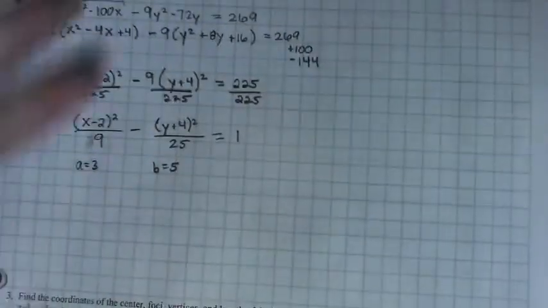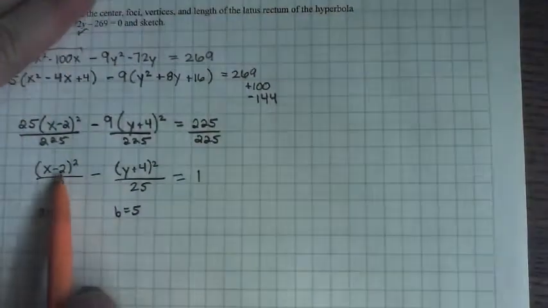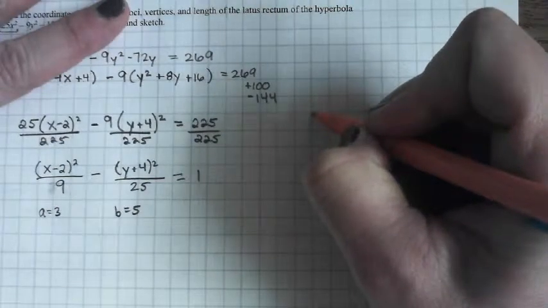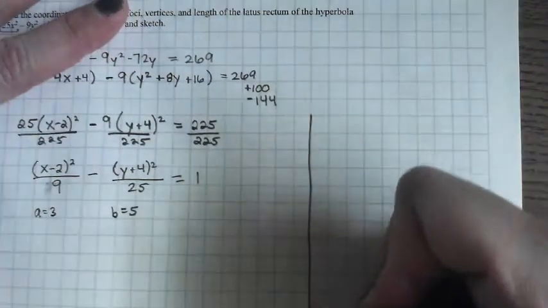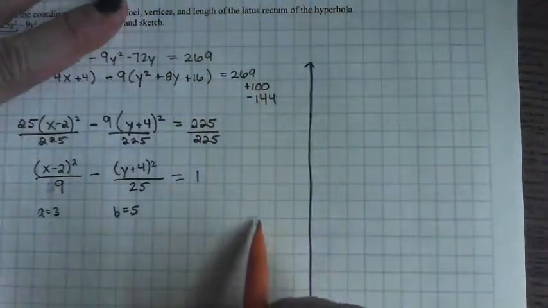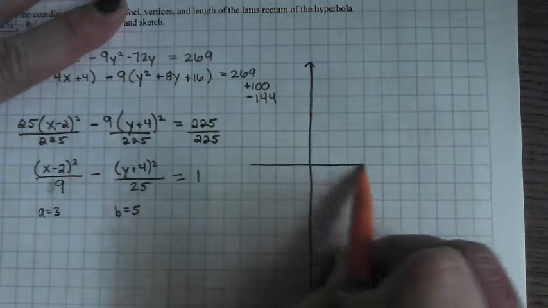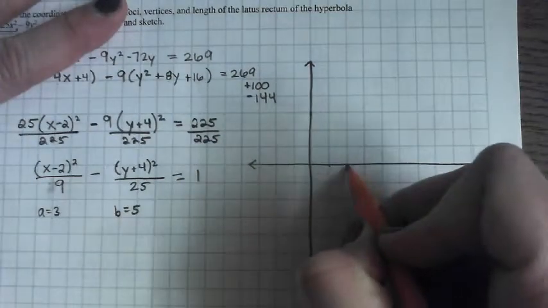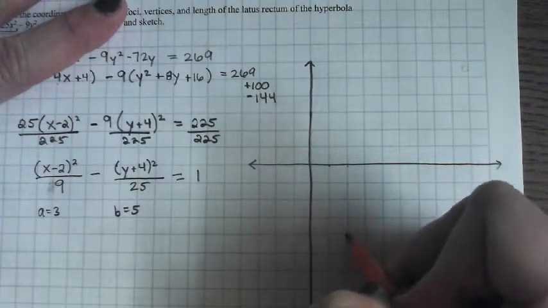So from here we're ready to start our graph. We have a center at 2, -4. So that's in the 4th quadrant, so I'll try to give myself more space in the 4th quadrant. The center's at 2, -1, 2, 3, 4.